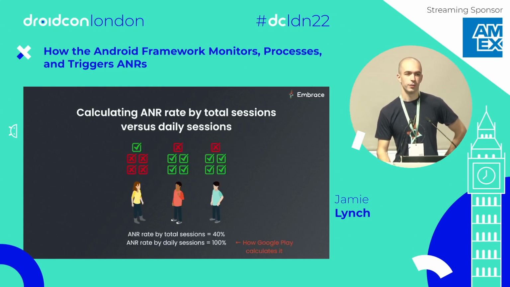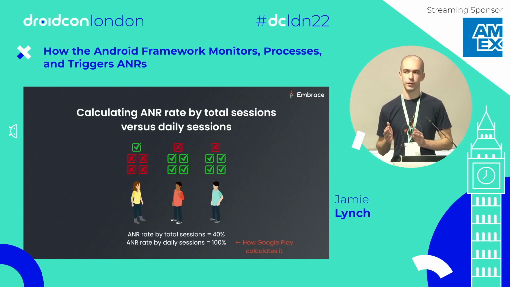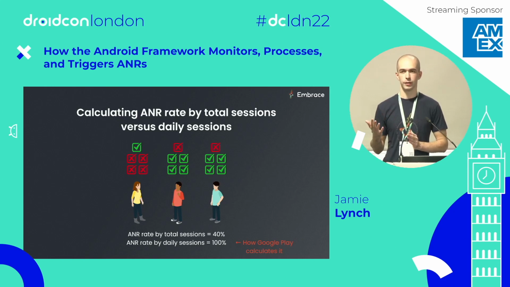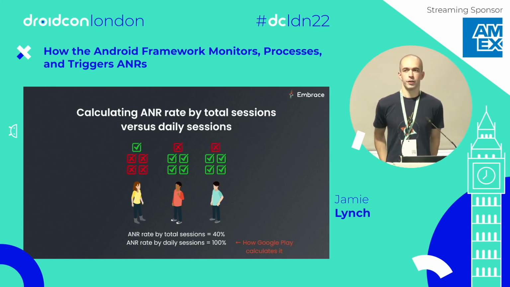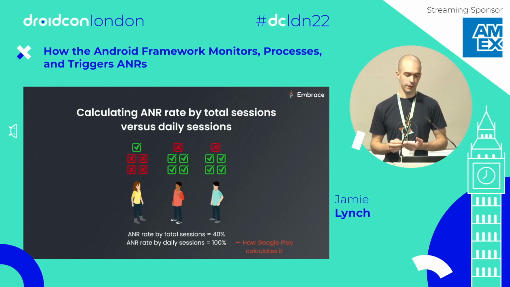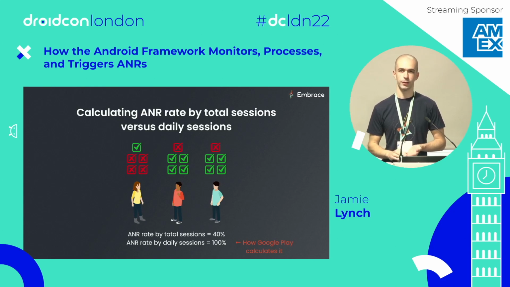One important thing I want to call out with the bad behavior threshold is that there's a common perception that if you just load an app and interact with it a little bit, that counts as a session. That's not actually the case in terms of Google Play's Android Vitals metrics. For example, if a user launches an app 5 times a day, you might expect that to equate to 5 sessions.